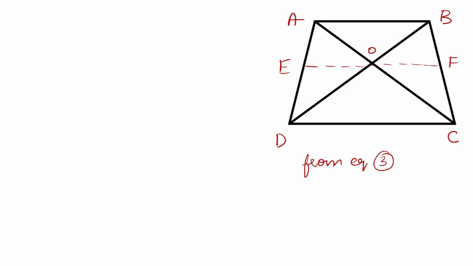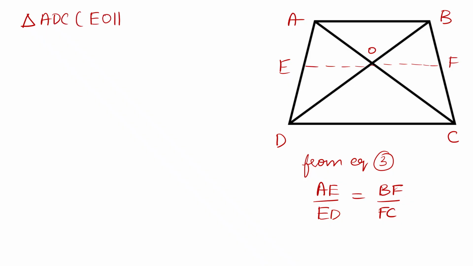From equation 3 we got AE by ED is equal to BF by FC. Now consider the triangle ADC, and in this triangle EO is parallel to DC. When I apply basic proportionality theorem, I am going to get AE by DE is equal to AO by CO. Mark this as equation 4.